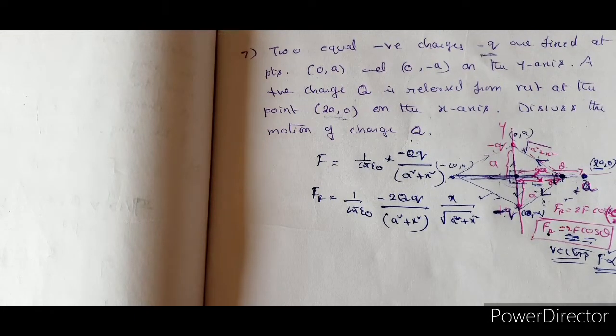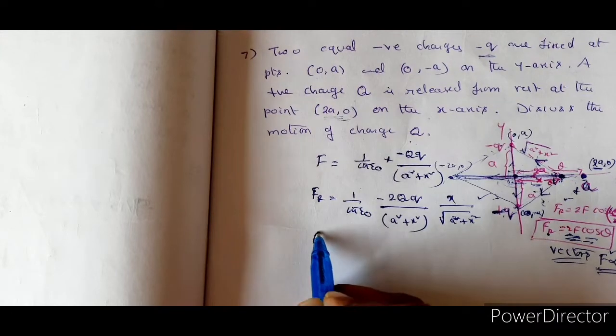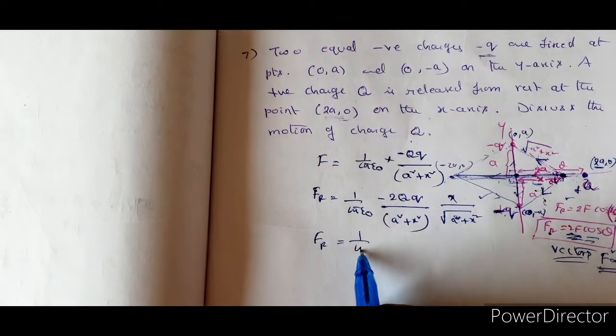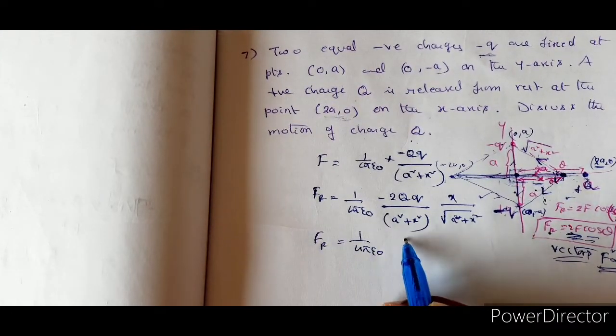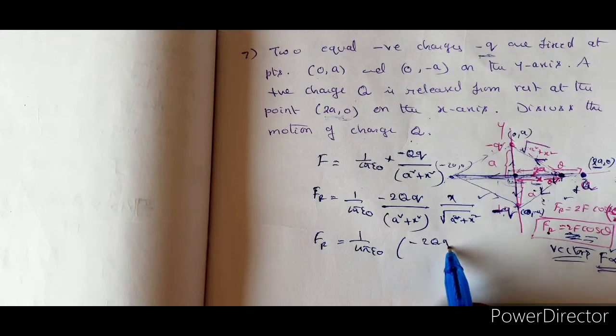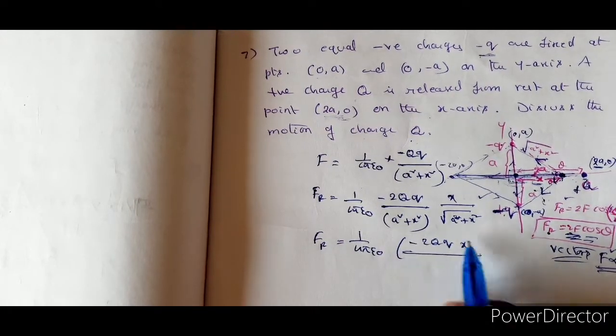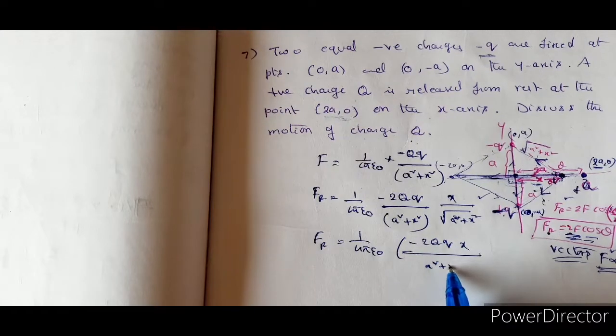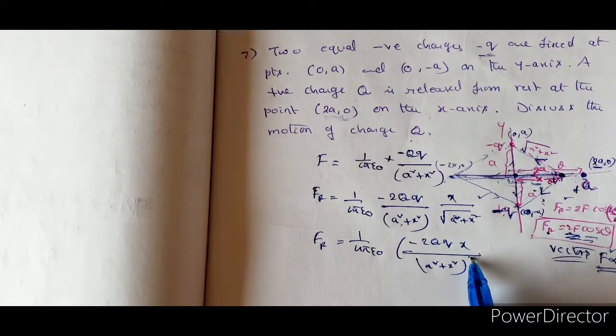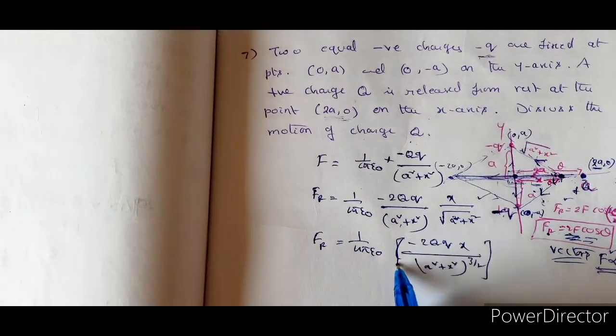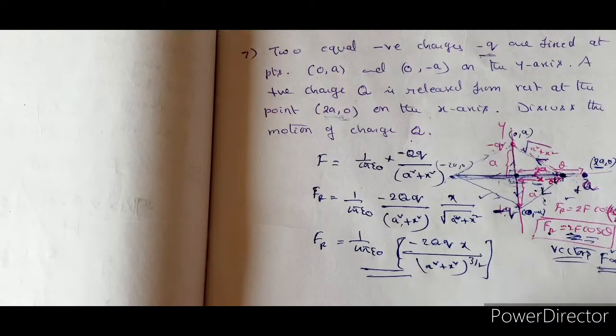It must be linear. So now let us see how to simplify this and then try to understand whether it is having simple harmonic motion or not, right? Qx divided by a square plus x square whole power 3 by 2, both together, right? So this is the final equation.